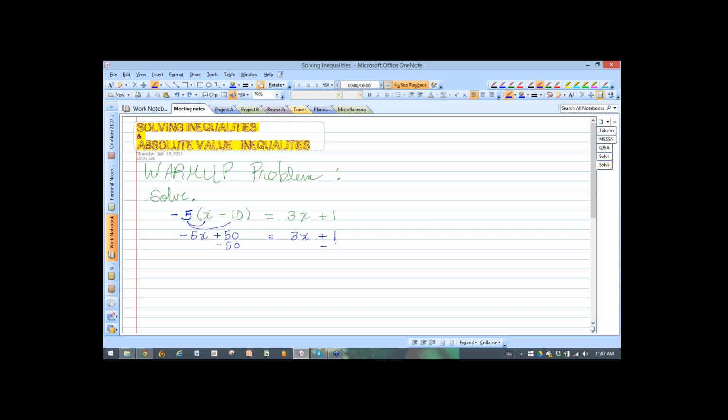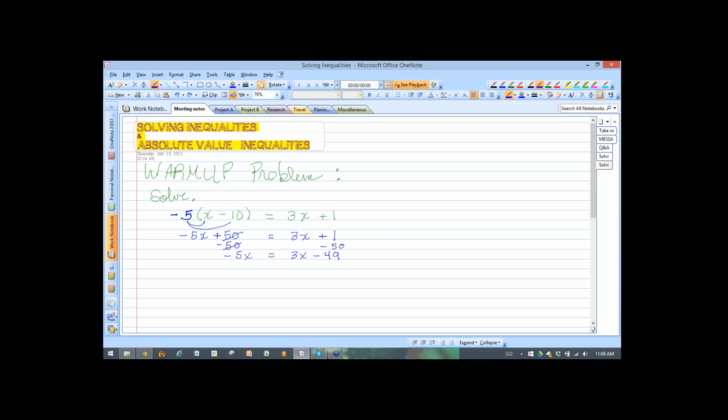If I subtract 50 from both sides, I put it under the term it's going to combine with, the 1. It cancels here. We have negative 5x, and then we have 3x, minus 49 on the right.